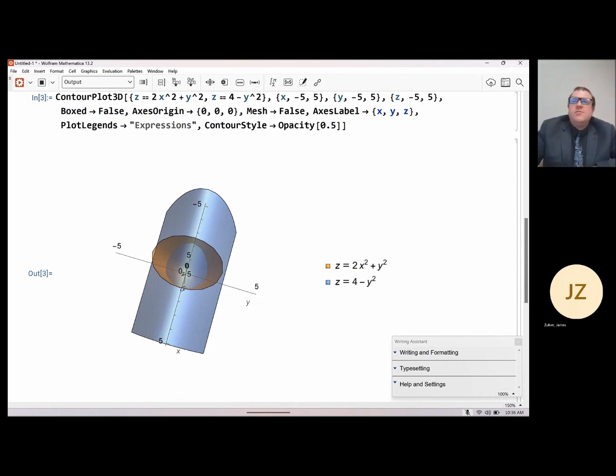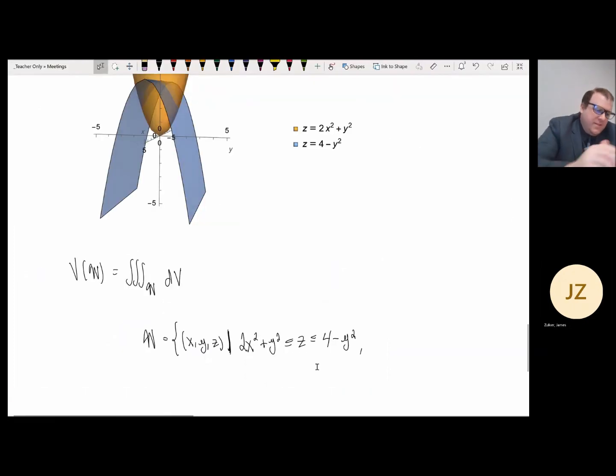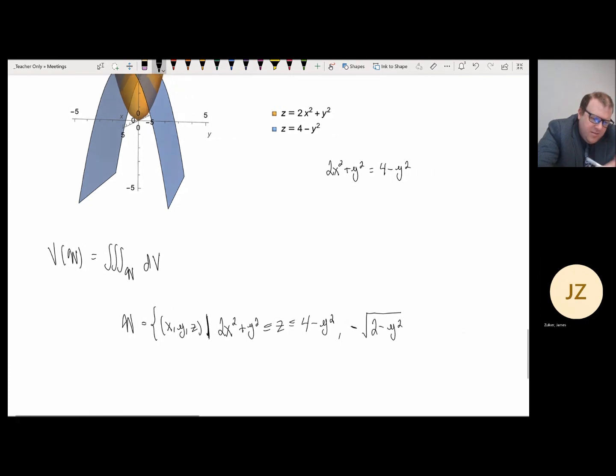Okay. Back. Right, so x would go negative square root of 2 minus y squared to that positive square root.